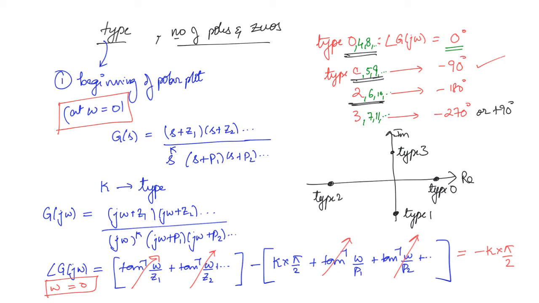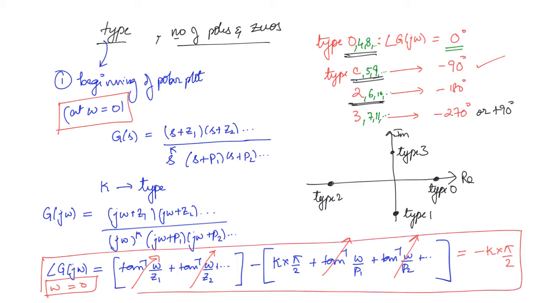Now one important thing that you should remember here is that this expression for phase that we have discussed is valid only when the poles and zeros are lying in the left half of the S plane. That means that Z1, Z2 and so on, P1, P2 and so on, they all should be greater than 0. Minus Z1 is the zero, and if minus Z1 should lie in the left half of S plane, then Z1 will be positive.